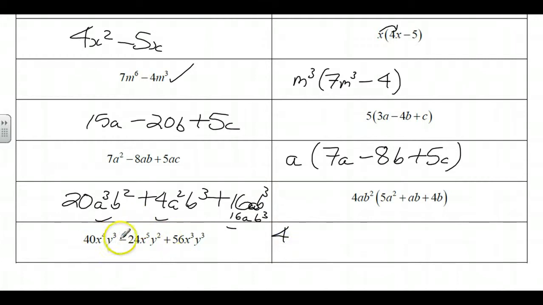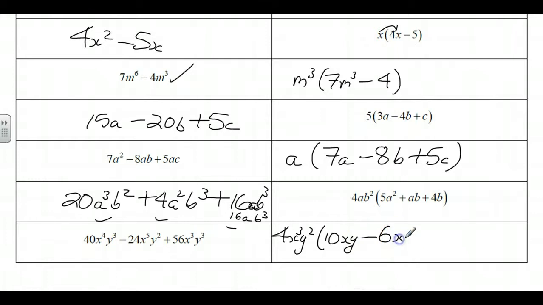X, I need the smallest power of x, which will be x cubed, since the smallest power of x will divide into all of these, and the smallest power of y is y squared. Okay, 4 times 10. I want an x to the 4th, and I need a y cubed, so 10xy minus 6.